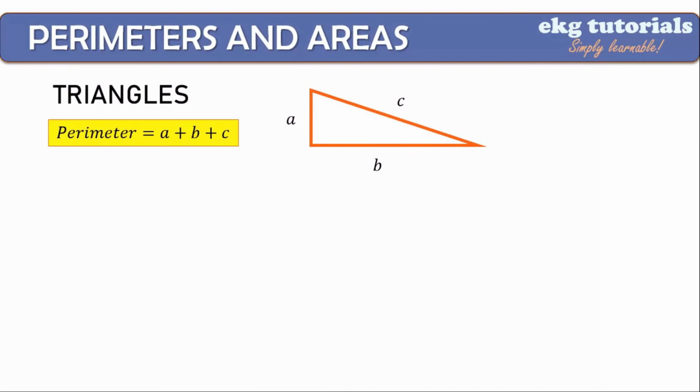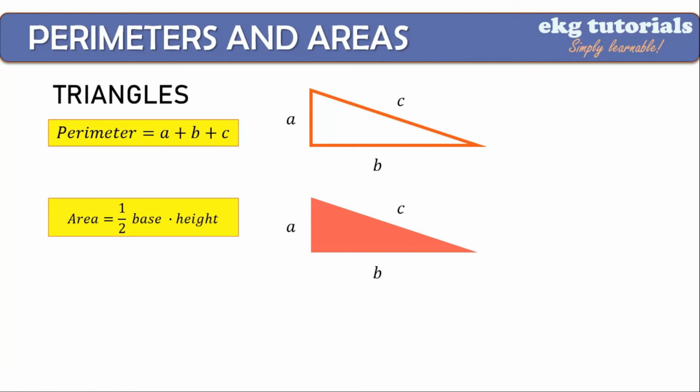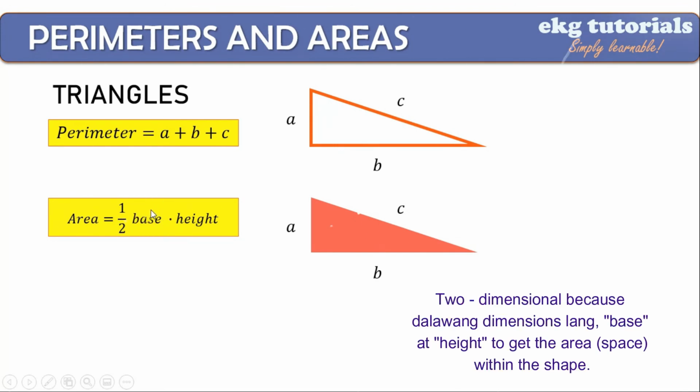Now for the area of a triangle, again we are concerned sa area nung space na nasa loob ng ating shape. For the area, it is equal to 1/2 base times height. Now, anong ibig sabihin nitong base? Base is basically yung side kung saan nakatayo yung ating triangle or yung ating shape.